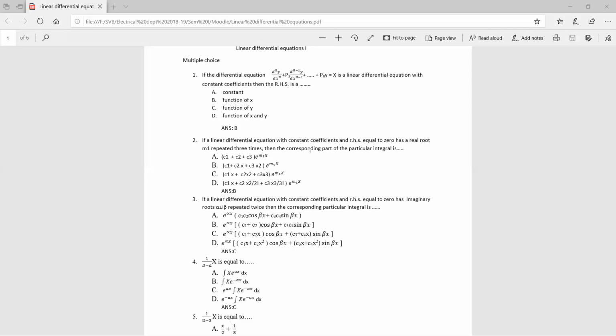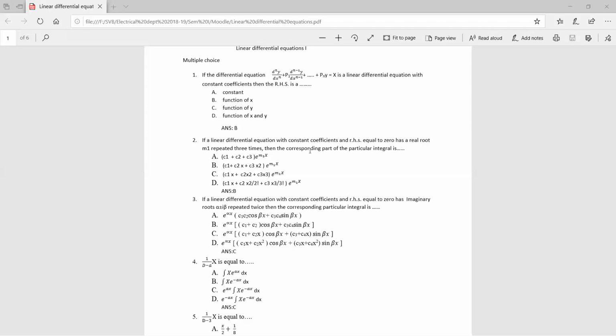In type 3, the right hand side is x raised to m, where m is a positive integer, or any polynomial. Type 4 is of the form e raised to x into v, where v is a function of x only. In type 5, the right hand side is of the form x into v, where v is a function of x only. We have seen how to find the particular integral. And lastly, we have seen how to find the solution when the right hand side does not belong to any one of the above forms.